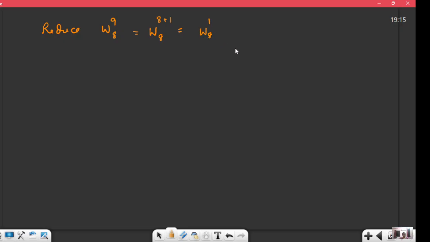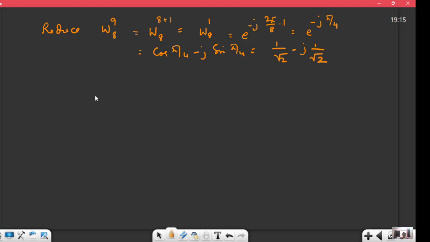Let's say 1. What is the value? e to the power minus j 2 pi by 8 into 1 is equal to e to the power minus j pi by 4, which is cos pi by 4 minus j sin pi by 4, so it is 1 by root 2 minus j 1 by root 2.